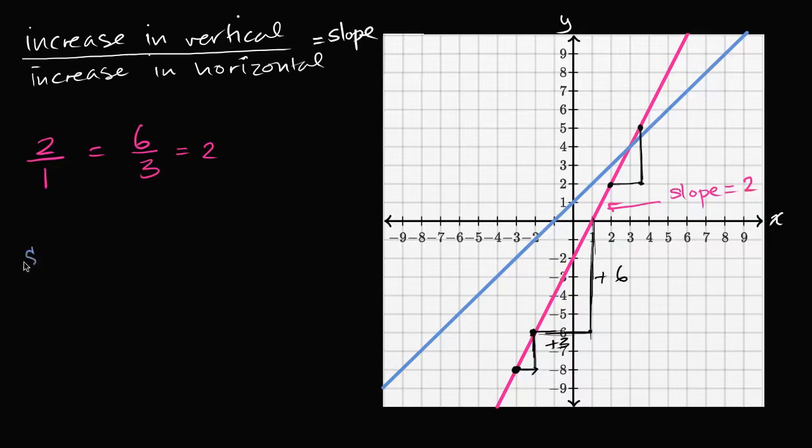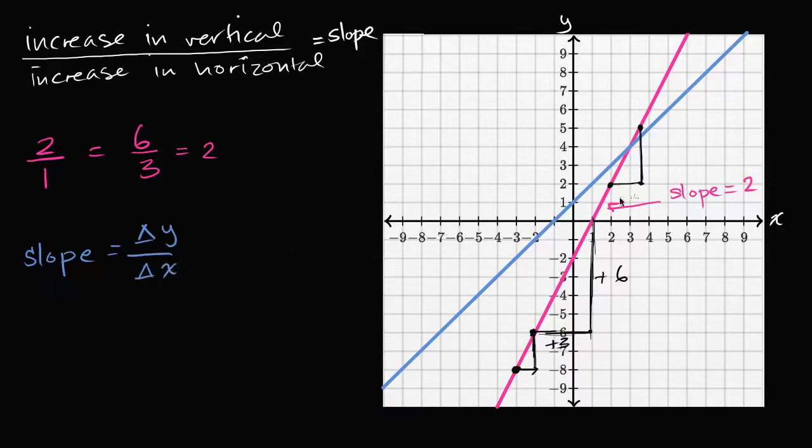Let me rewrite another way that you'll typically see the definition of slope. This is just the convention that mathematicians have defined for slope, but it's a valuable one. What is our change in vertical for a given change in horizontal? I'll introduce a new notation for you. Change in vertical, and in this coordinate plane the vertical is our y coordinate, divided by our change in horizontal, and x is our horizontal coordinate.